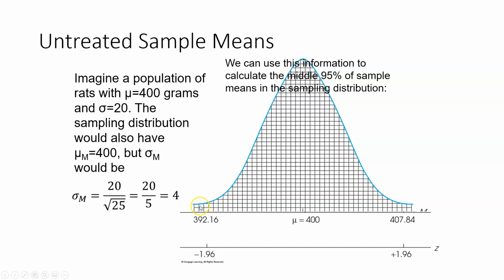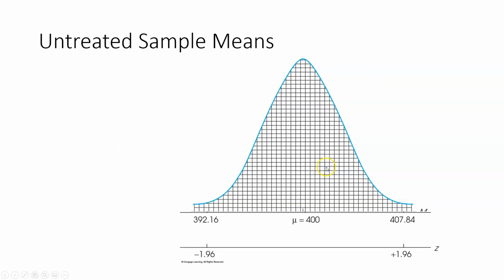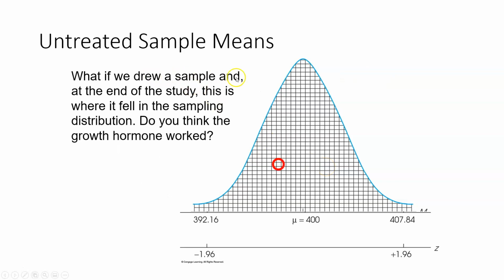We can imagine that each of the boxes here represents one sample mean in this sampling distribution. What if we drew a sample and at the end of the study, this is where it fell in the sampling distribution? Do you think the growth hormone worked?